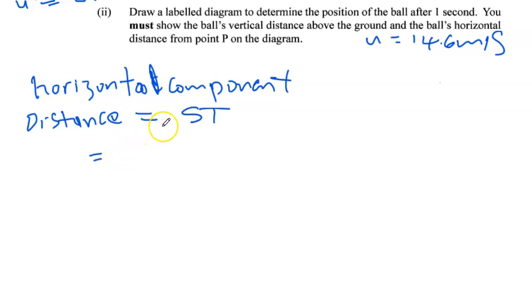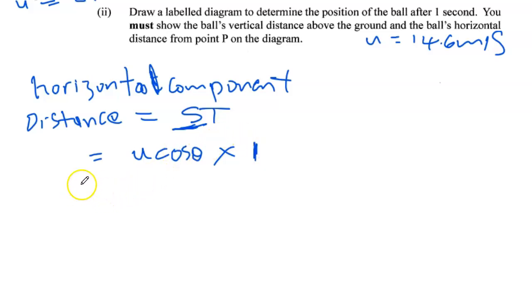The speed we're talking about is the horizontal component of the speed, so that's u cos theta times the time, and the time we're given is 1 second.